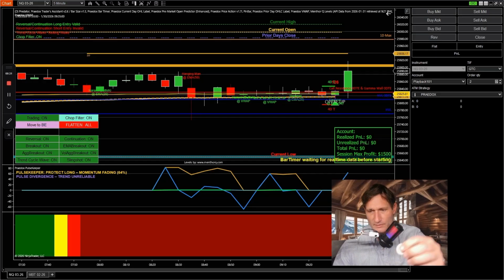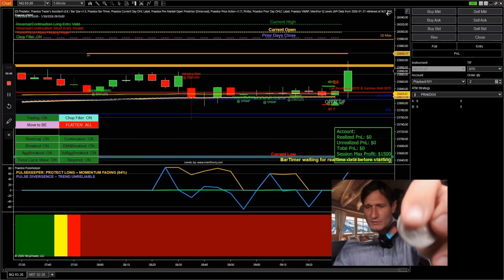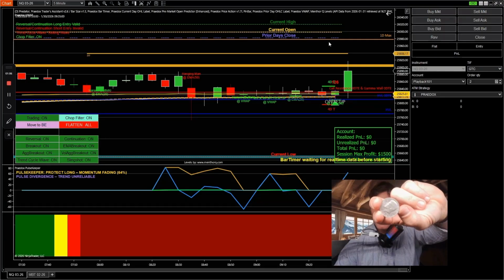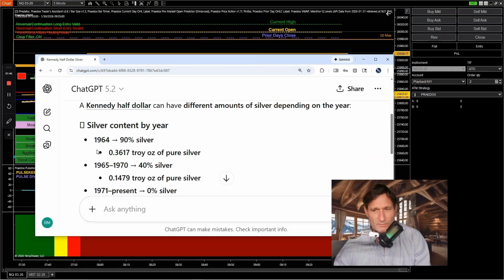By the way, I just found a Kennedy silver half dollar in my drawer, with all my old military stuff and challenge coins. I think it's got like 45% silver. Let's see. It used to have 90% back in the 60s.